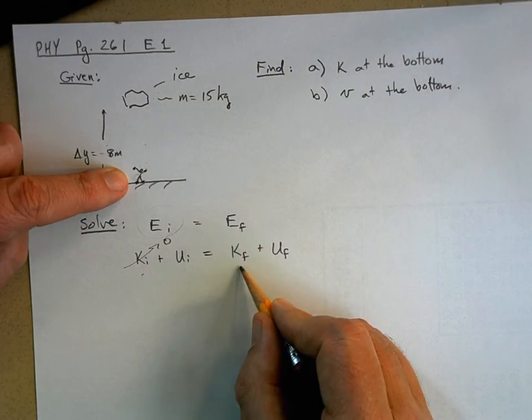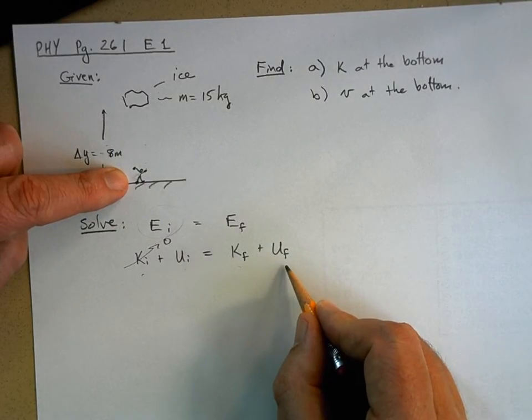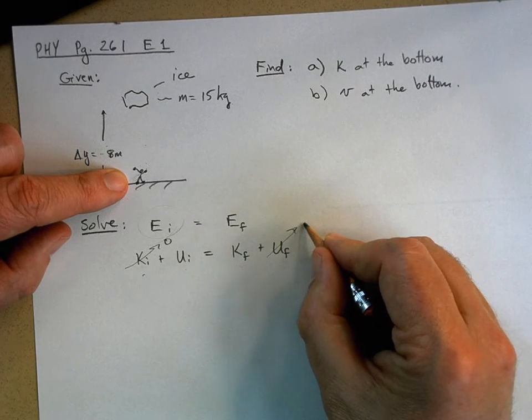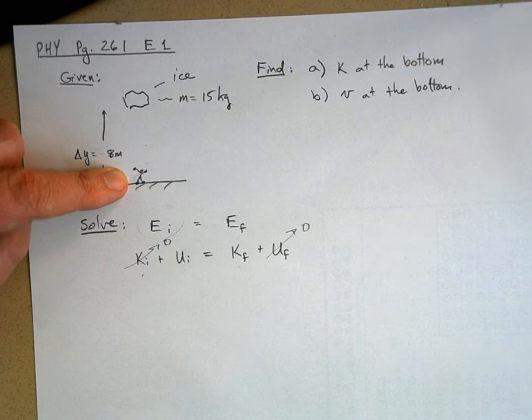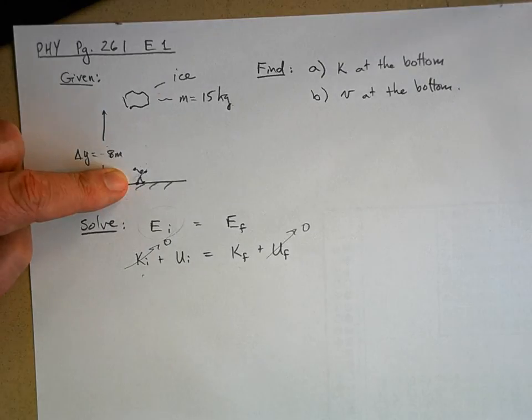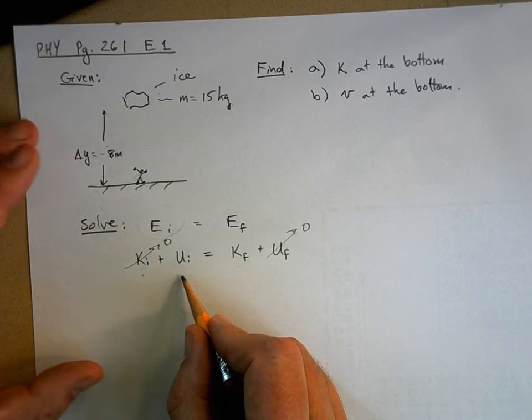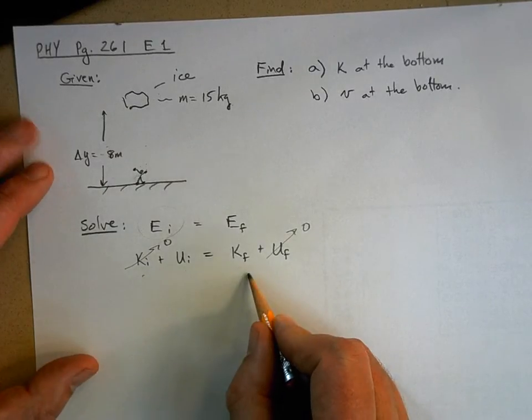Yes, it is moving. Does it have any height? It has no height. So therefore, the final gravitational potential energy will be 0. That means all of my initial gravitational energy will turn into kinetic energy.